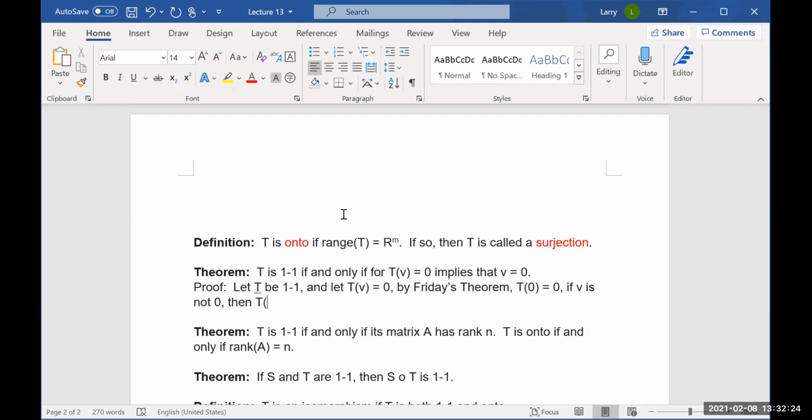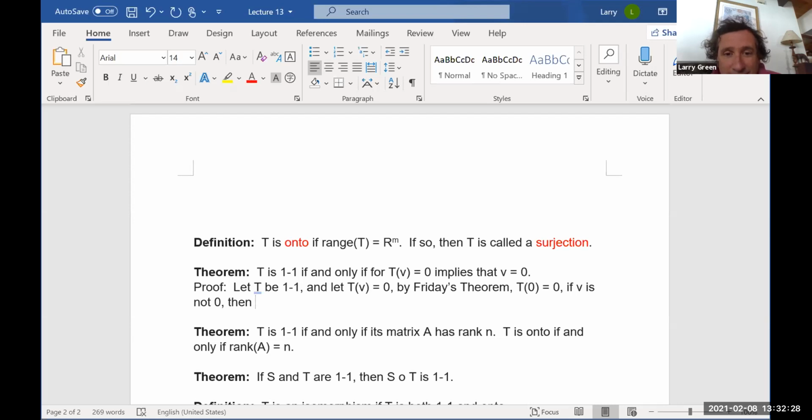It's 1-to-1. So I can say then this breaks 1-to-1 because both V and 0 go to 0. Therefore, is that clear?